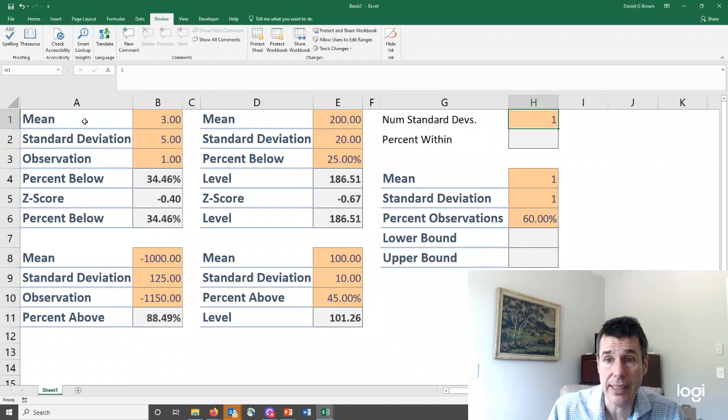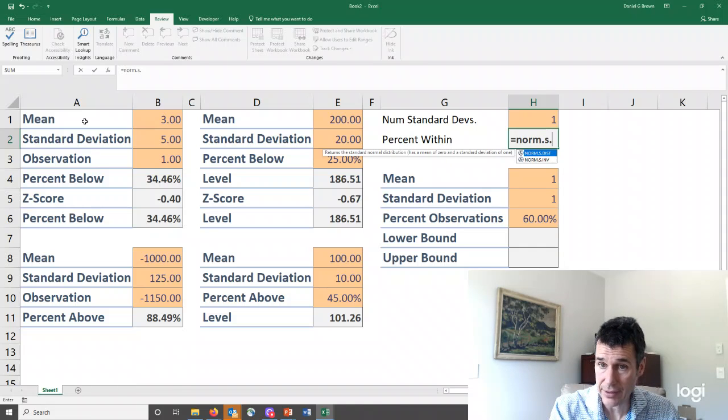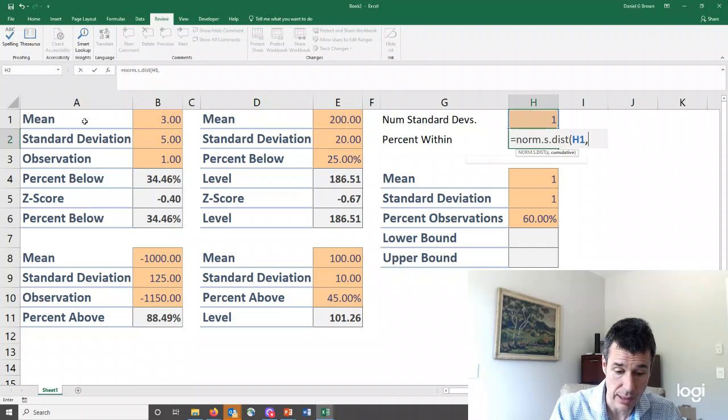We want to find the percentage of a normal distribution found within plus or minus 1 standard deviation. Well, this is like taking a z-score, so we're going to use norm.s.dist, and we want to know norm.s.dist of 1, true.